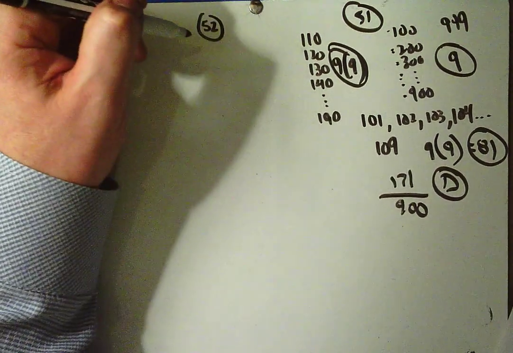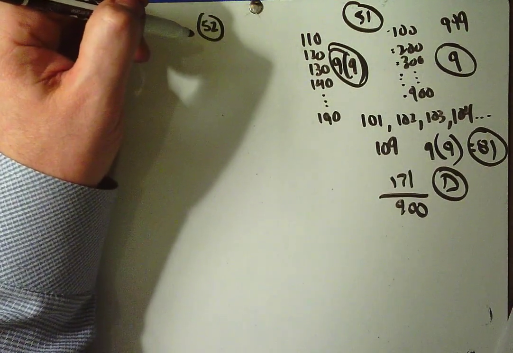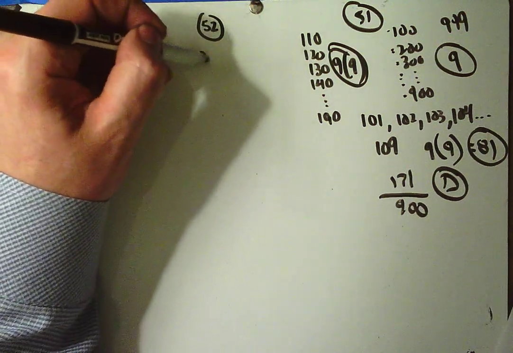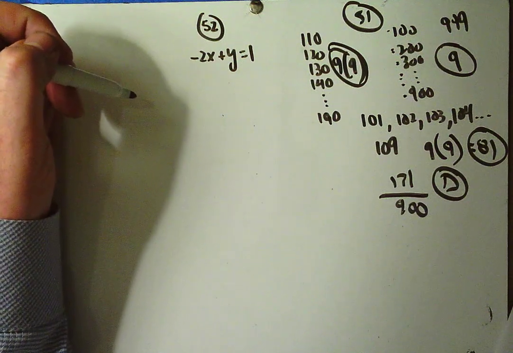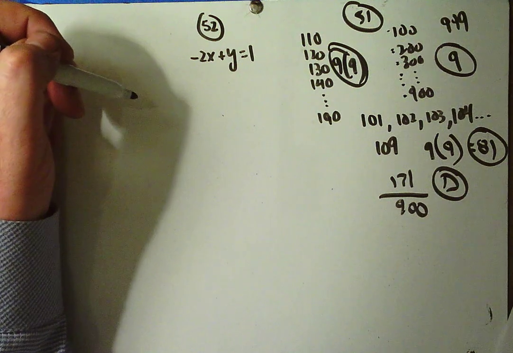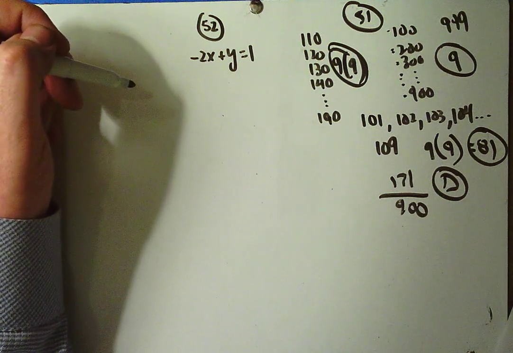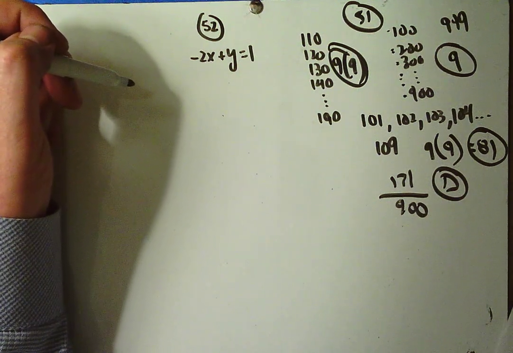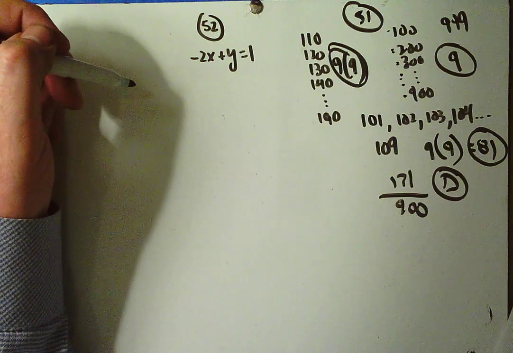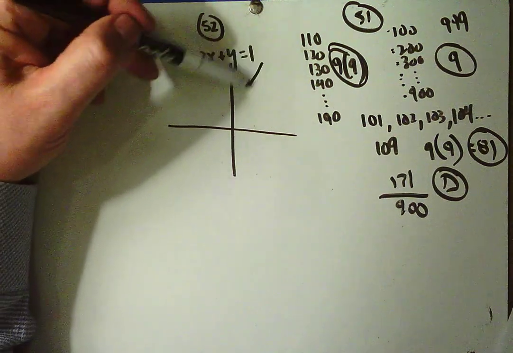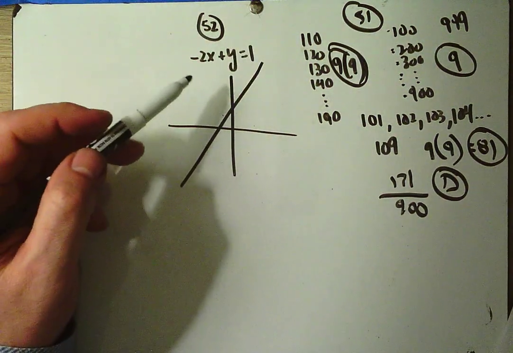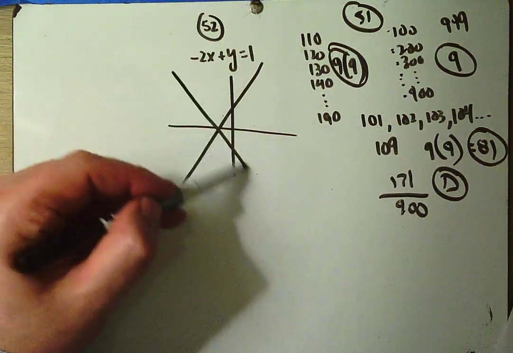52. In the figure, the line Q in the standard xy coordinate plane is negative 2x plus y equals 1. And the line R, which is distinct from Q, that means they're not the same line. I know, you look at them and you say, how could they be the same? The angles formed are congruent. What's the slope? Okay. So this one and this one.